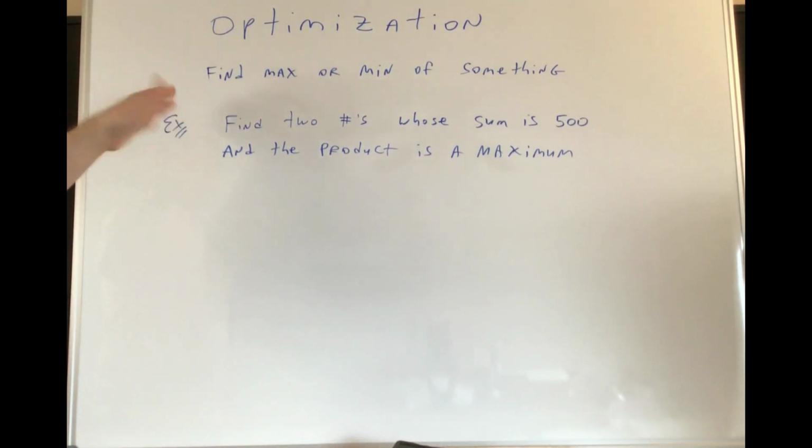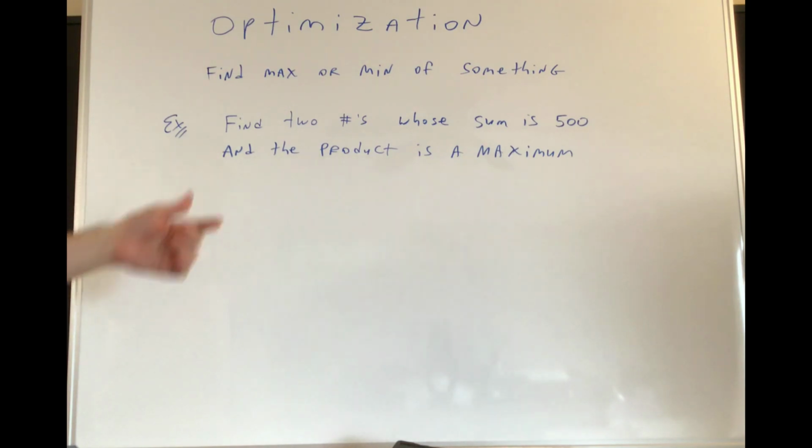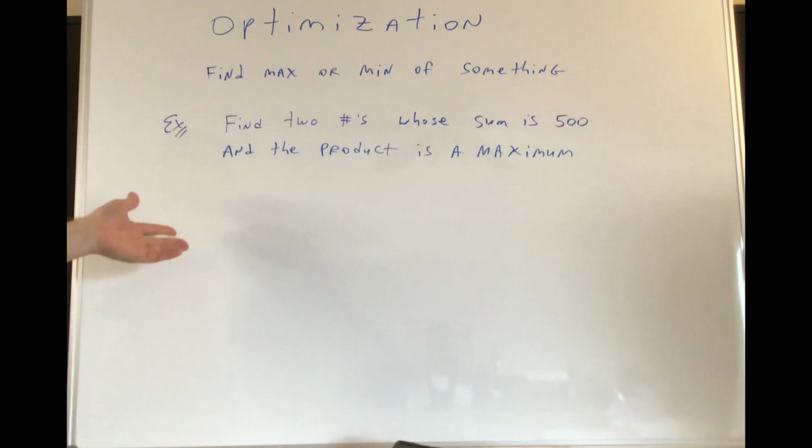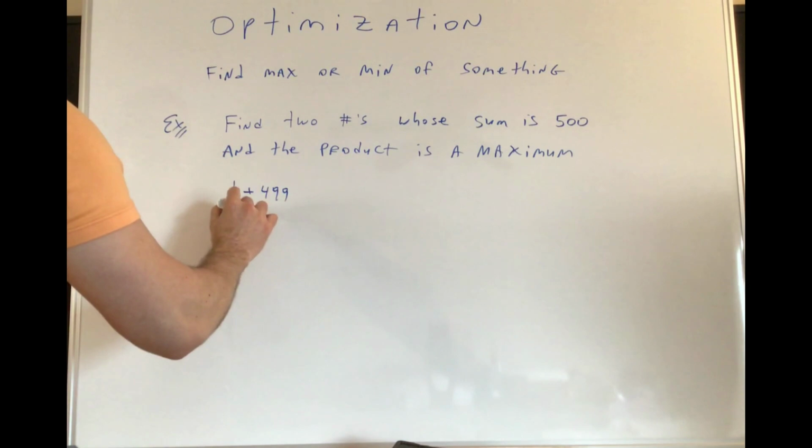So here's a quick question. I want to find two numbers whose sum is 500 and the product of those numbers is a maximum. Now, you could have, say, 1 and 499. You could have 5 and 495. You would write the two numbers down. I mean, look, you're not going to do this. I'm just showing you. Just making up.